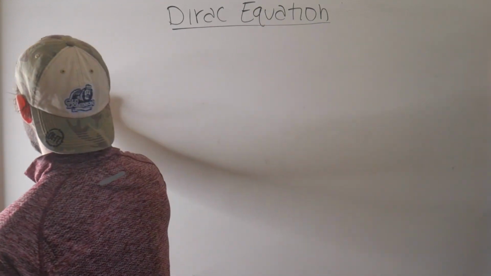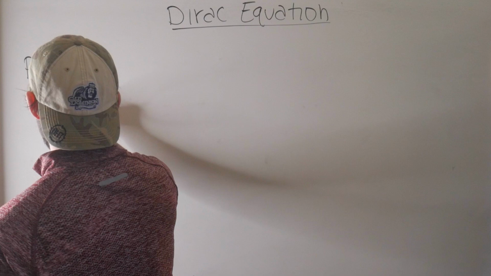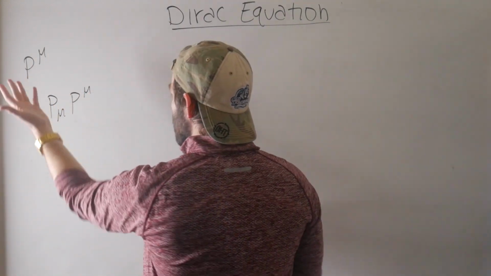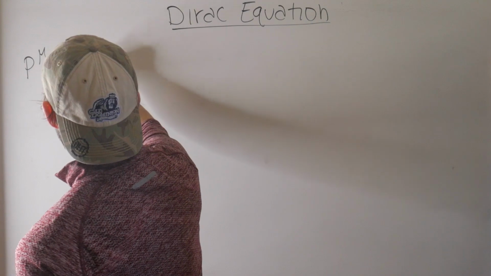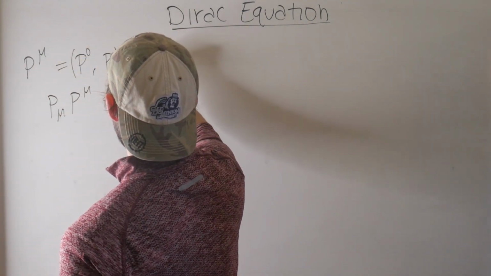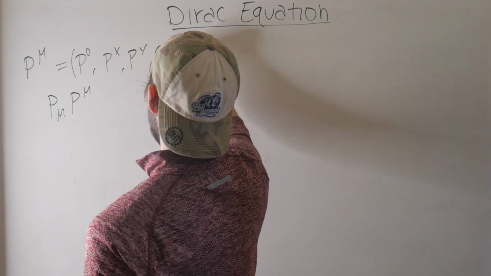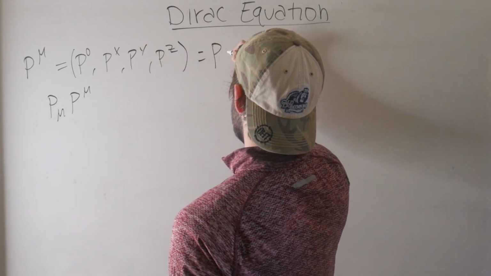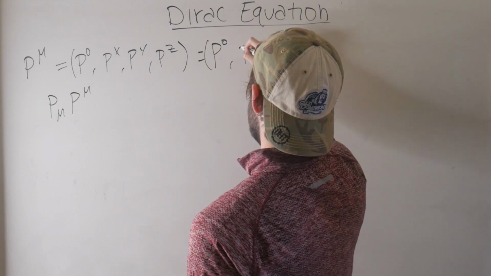So we can do the dot product, we can perform the contraction if we can do this. So if p^μ is just some p^0 component and then maybe a p^x, p^y, p^z, which is equal to, say, p^0 and then p vector.